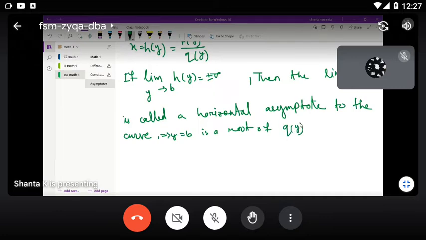The same process as we did for the previous one. So if y equals b, it is the horizontal asymptote.